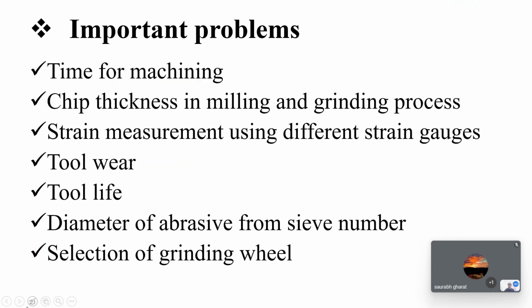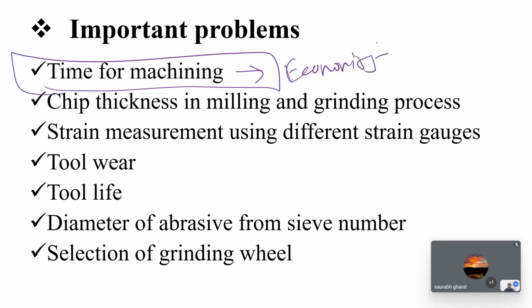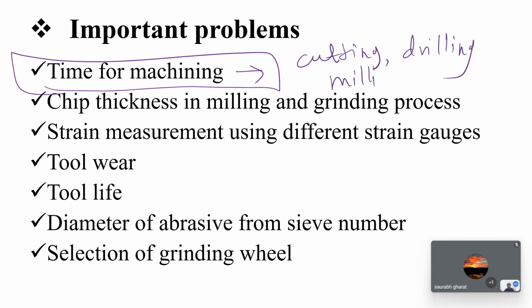So time for machining, if you go for your economics part. Here time for machining is important for everything. What do I mean by everything? Here for cutting, your drilling also, your milling, grinding. I don't think so for grinding, but much time for machining, and chip thickness in milling and grinding processes.